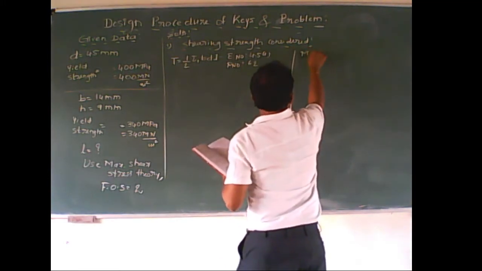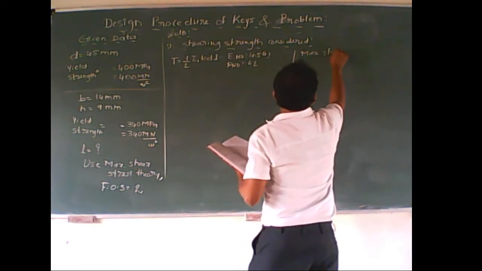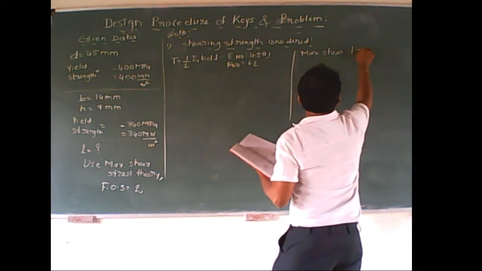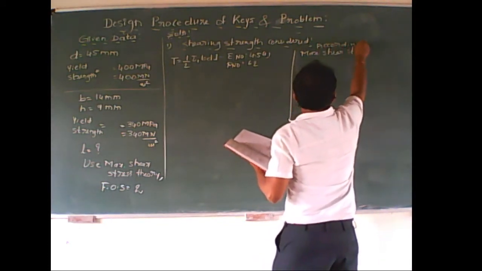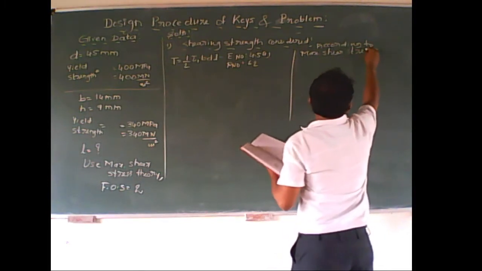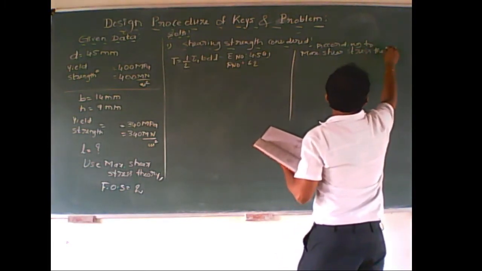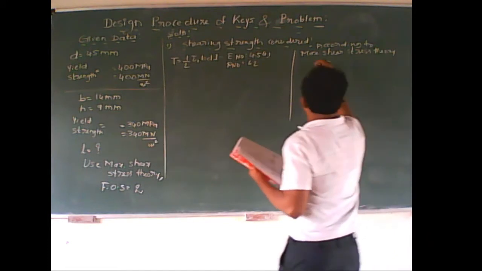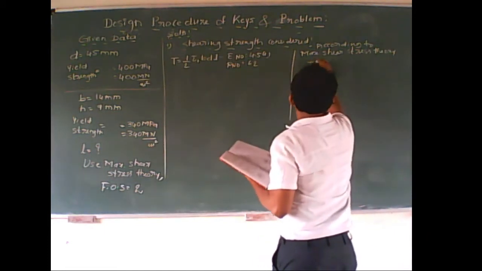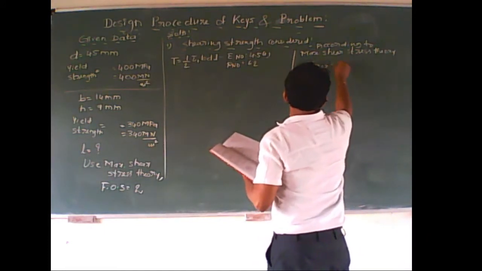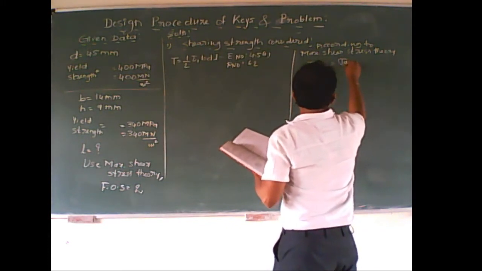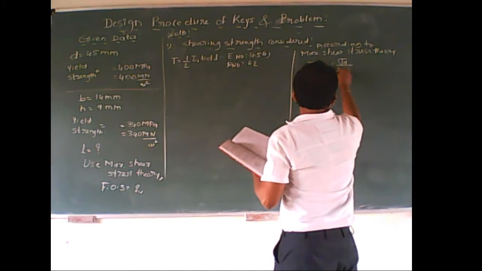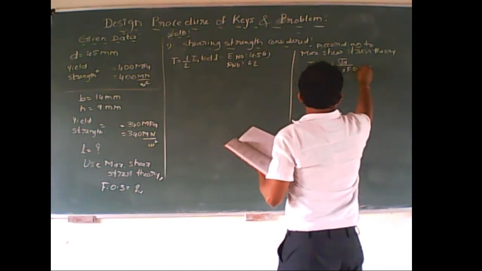What does it state? According to the maximum shear stress theory, what can we write? Tau max is equal to sigma yield divided by 2 into factor of safety.